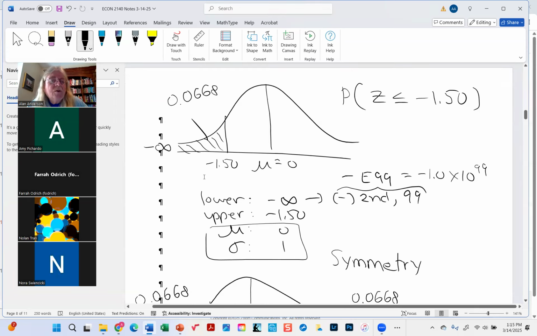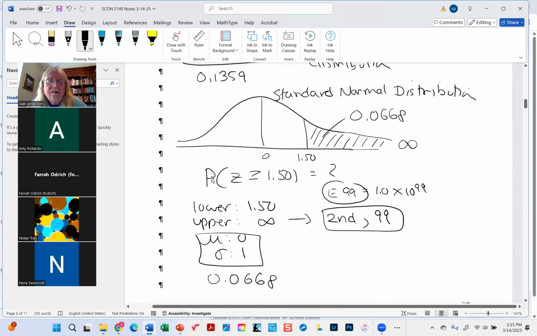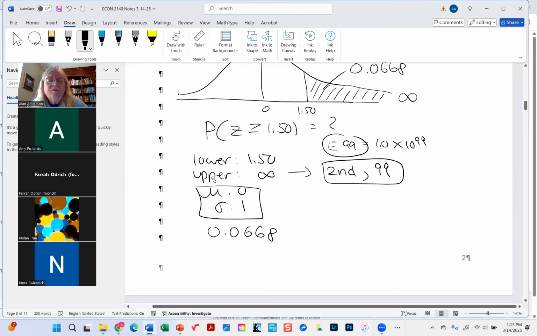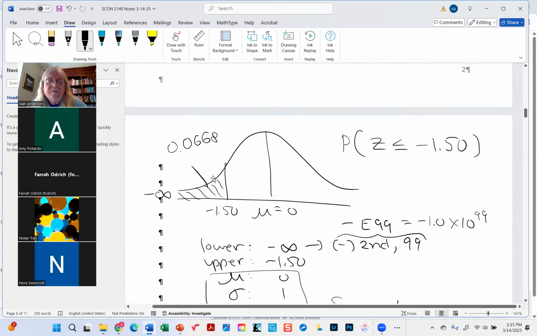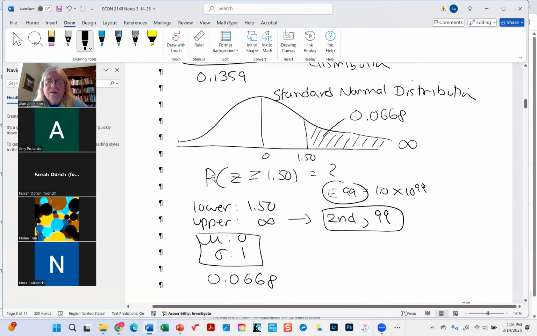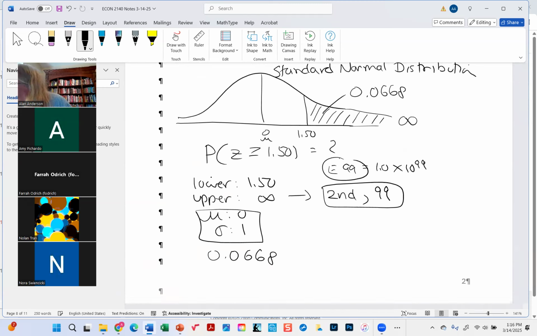Now, I'm sure you know why this happened, because of our old friend symmetry. Anything above 1.5 will equal anything below negative 1.5. Also, a quick reminder, this 0 could be interpreted as the mean, and this is the mean plus 1.5 standard deviations.